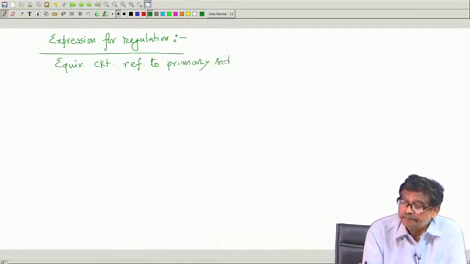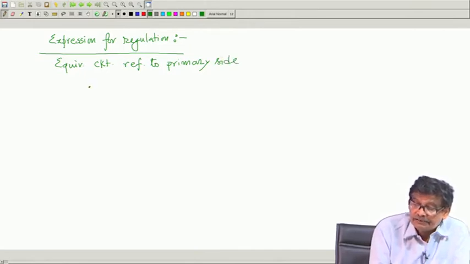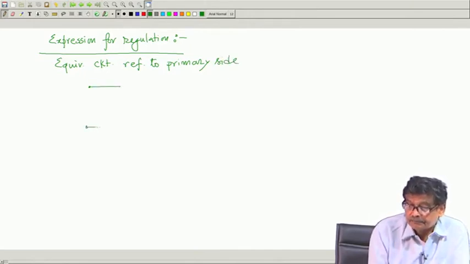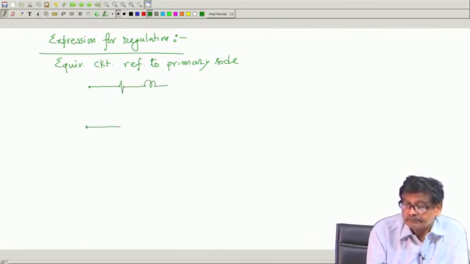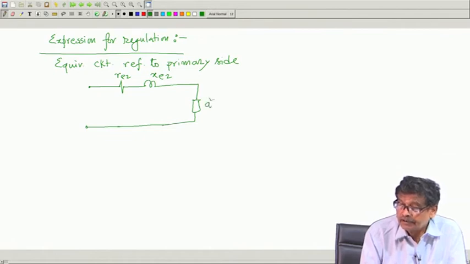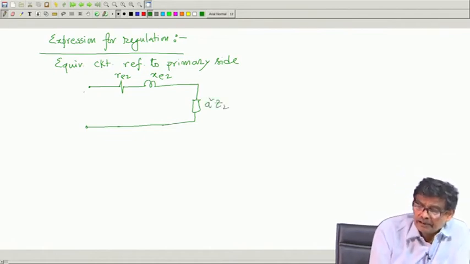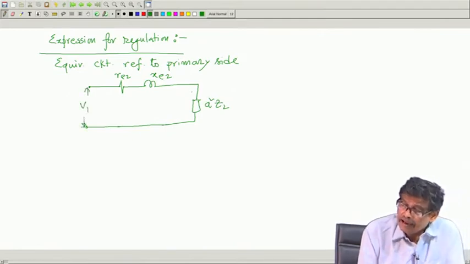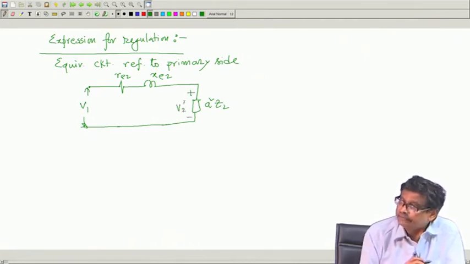This will be simply this. R E 2, X E 2, and here is your load, reflected load A squared Z 2, and here is your V 1. And the voltage here I must write V 2 dashed, is it not?